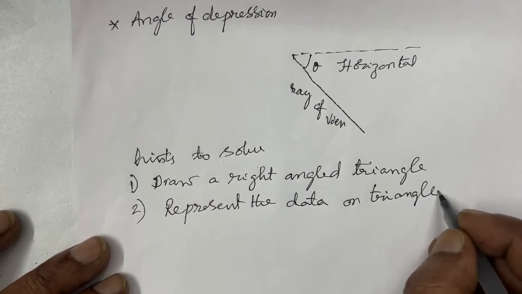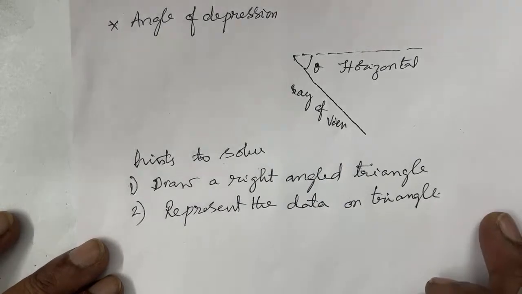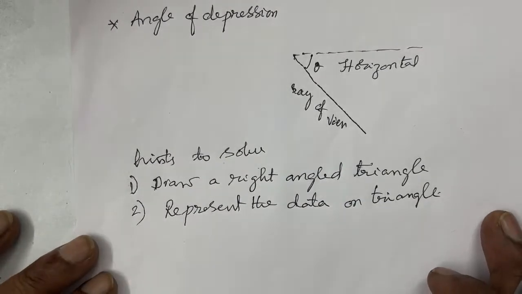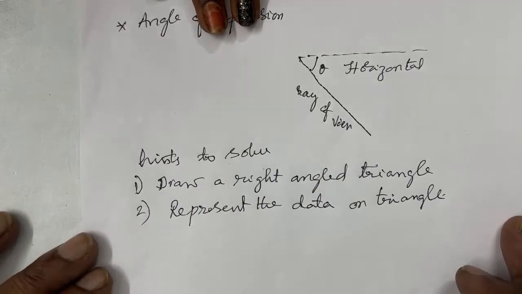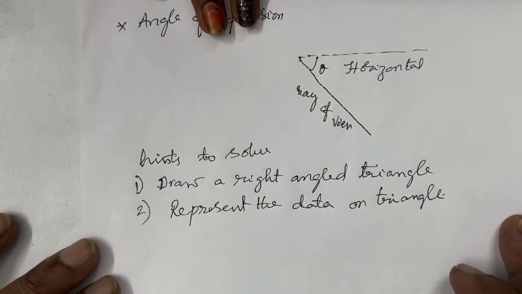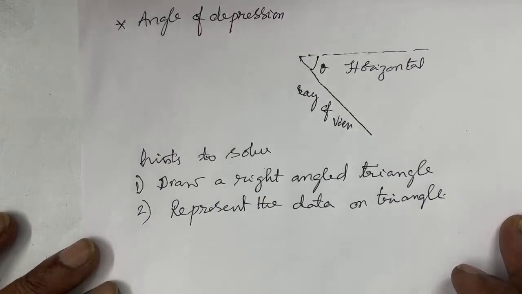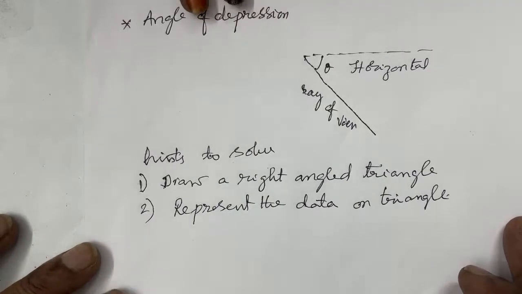That means some point may be given on the hypotenuse, some on the adjacent, some on the opposite. So what kind of data is given and where you have to place it is the most interesting part here.